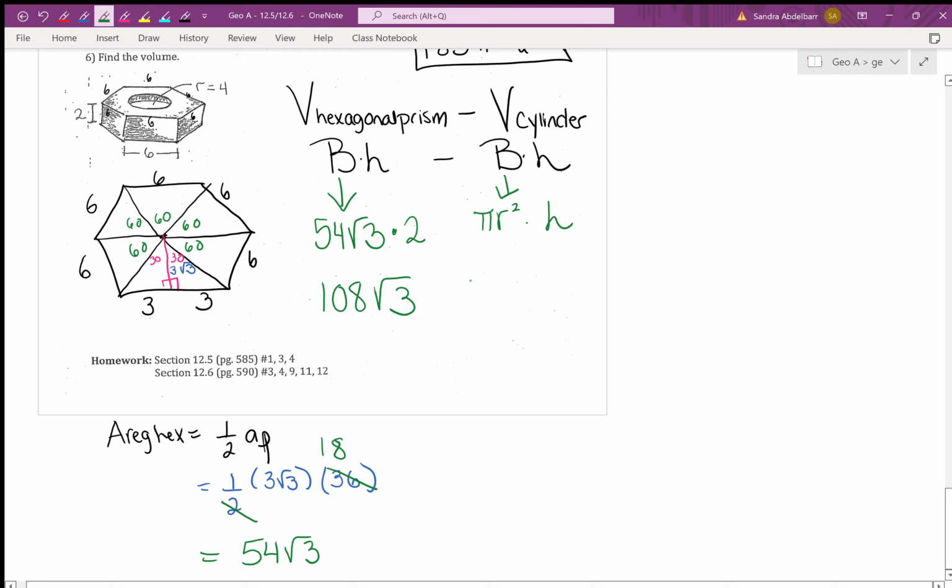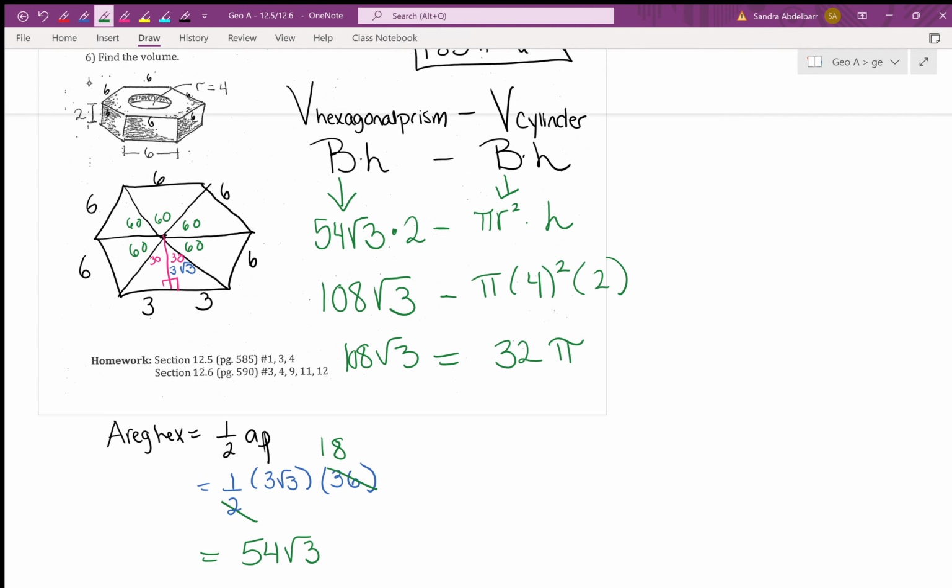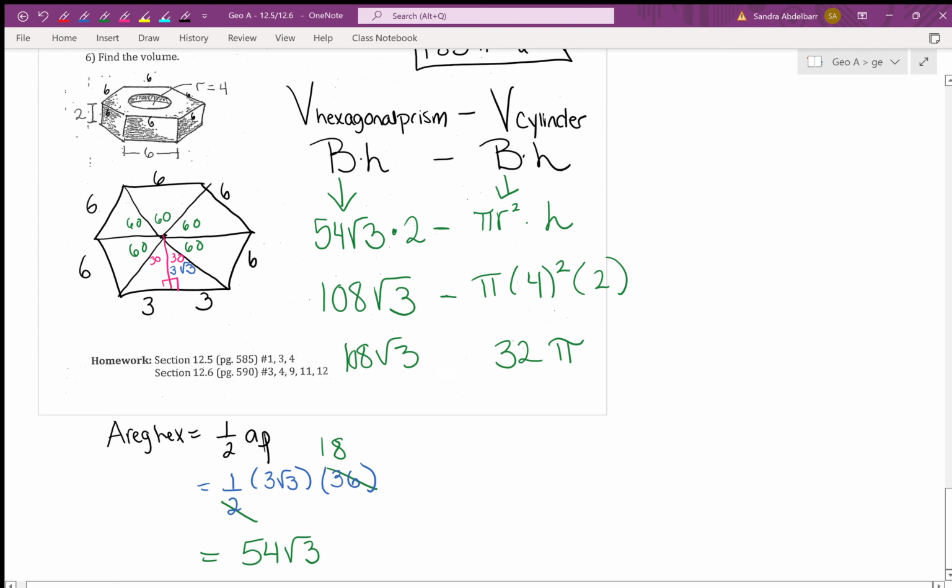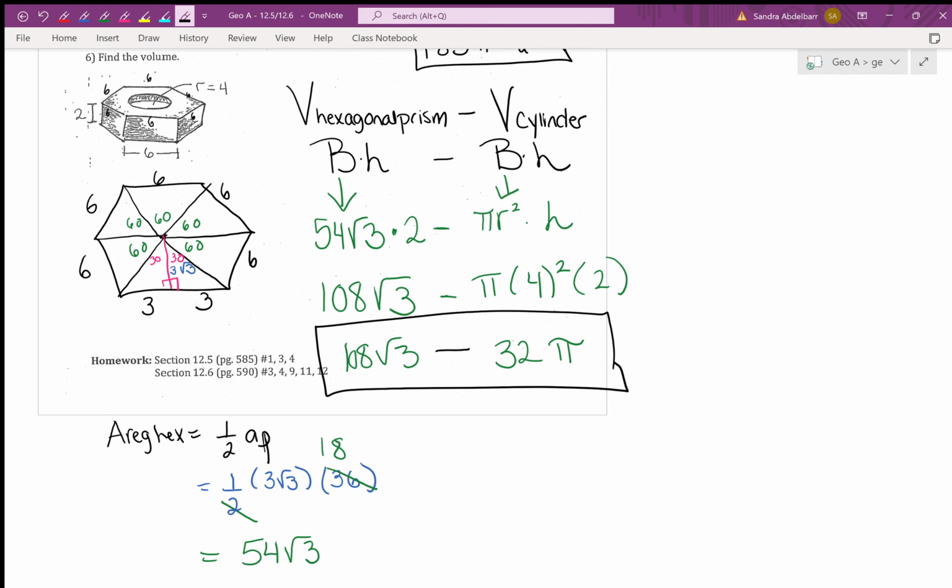So this is pi 4 squared. What's the height of the cylinder? Also 2. You got it. So this is 108 root 3 minus 32 pi. Oh, not equals, minus 32 pi. We can't subtract those. How come I can't subtract those? Because one's a radical, one's a pi. So we leave it just like that. All right, you have finished learning geometry for the year. Congratulations.